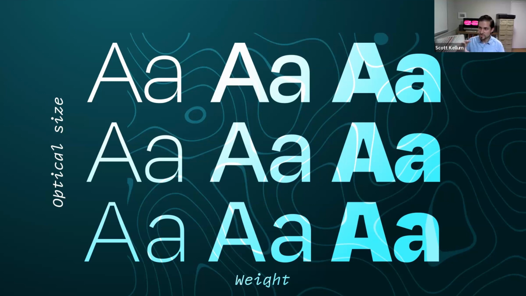More contrast between the size of the display text and the body copy. Think about that in terms of optical size of a typeface. So this is a very similar design space to what we work in on the web.